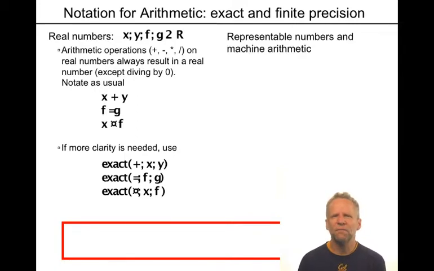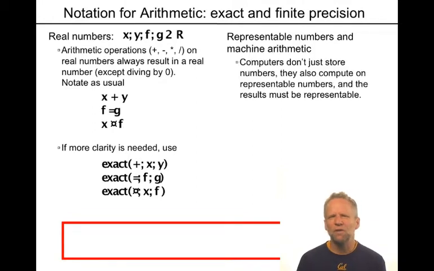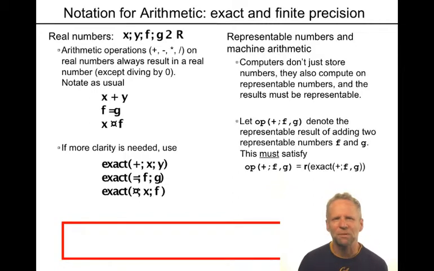On the other hand, we're also interested in what the computer is doing with its representable numbers, which are not all the real numbers, and its arithmetic processing unit, which can only process those numbers and has to yield another number that's representable.